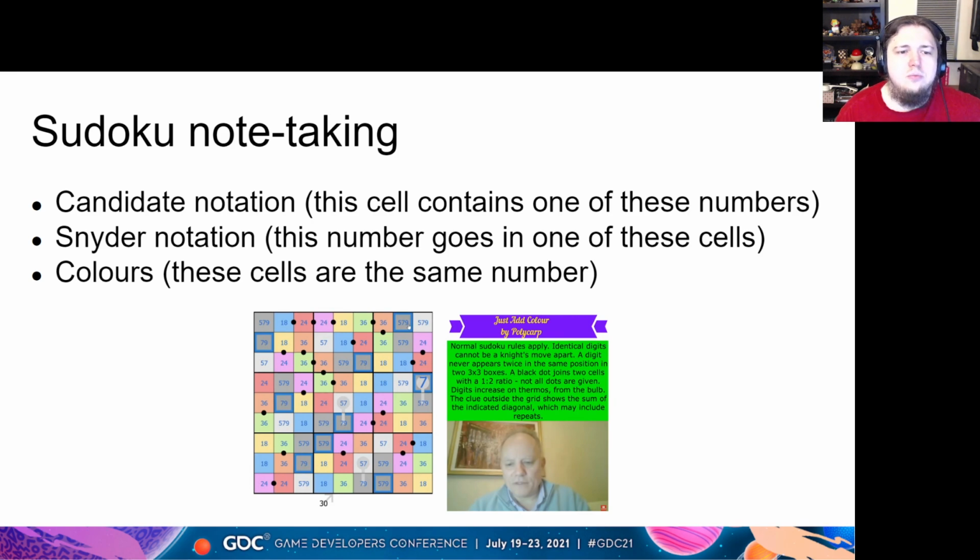But this type of puzzle would not be solvable without note-taking. You can't solve it the way you would a normal Sudoku, where you're just putting in one number, then the next, then the next. You need to be able to take notes and reduce the possibility space down from so many things could be the answer, down to only these things could be the answer. And then from there, you realize, this number has to go there. And so the eureka moments that are possible with note-taking are much deeper than those without it.